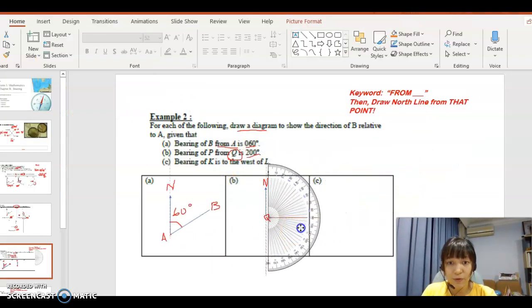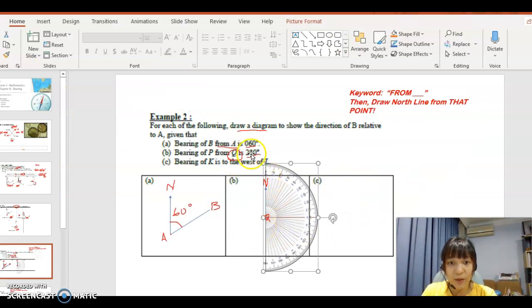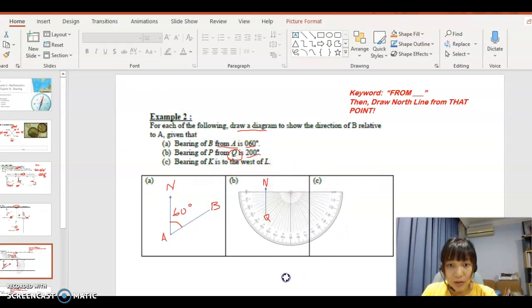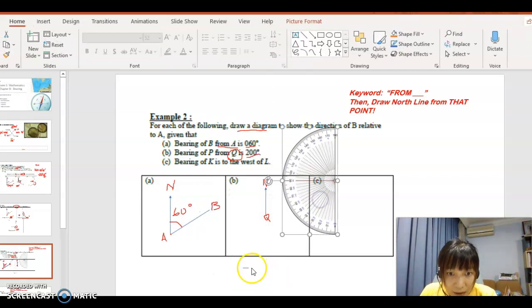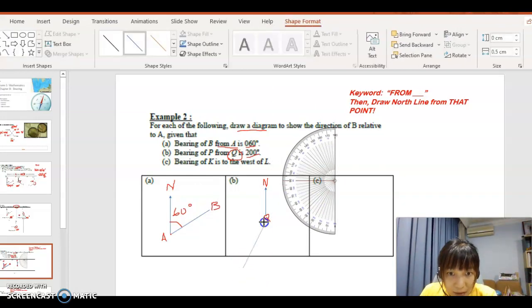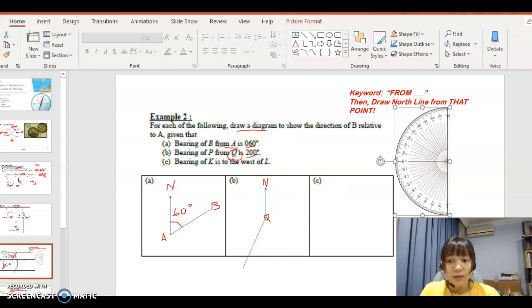Yes. Okay, so I'm going to move this around. This is 180, but they want 200, right? You turn your protractor around. You add on another 20. 20 is here. Okay, so I'm going to draw 20 here.